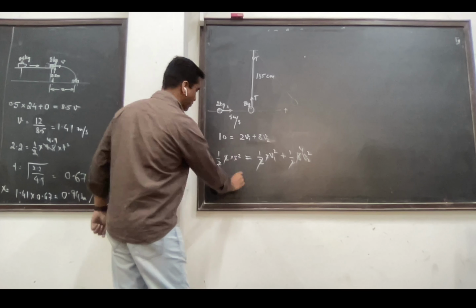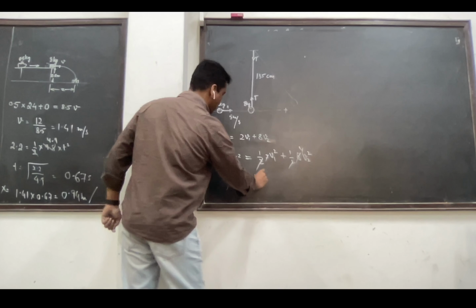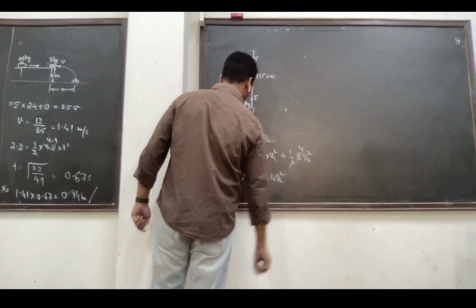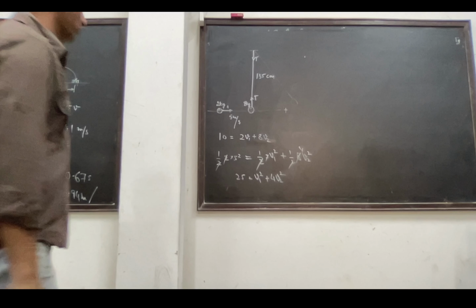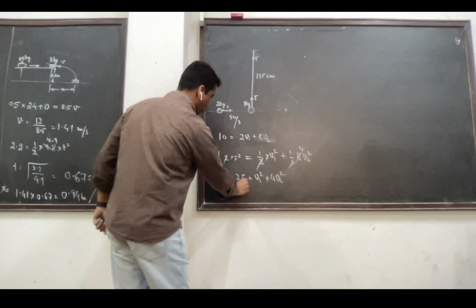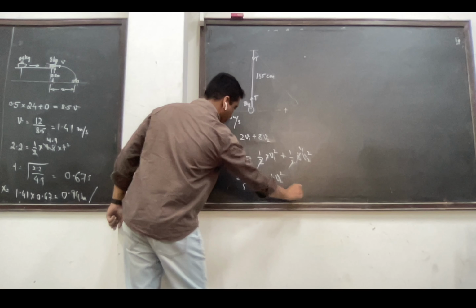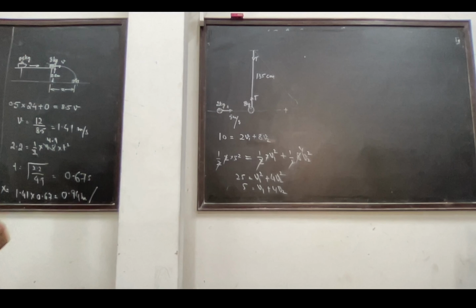You get 25 is equal to v1 square plus 4 v2 square. Complicated looking situation. What next?